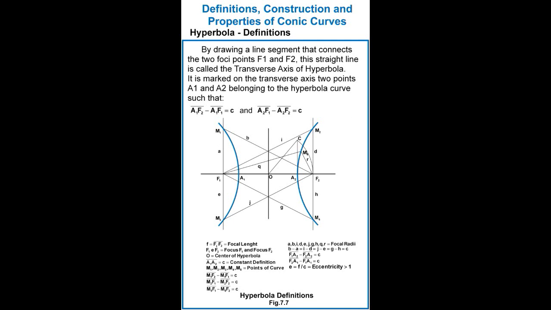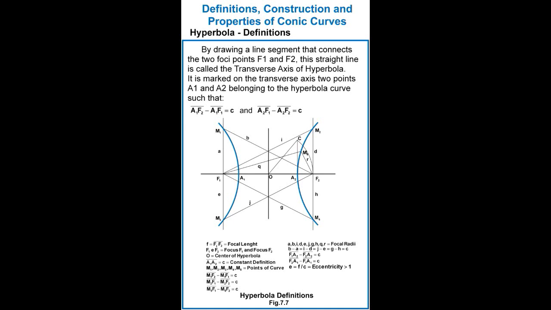In this fifth slide of the second class of Chapter 7, the continuation of the characteristics of the hyperbola is presented. A line segment is drawn connecting the two focal points, F1 and F2. This straight line segment is called the transverse axis of the hyperbola.